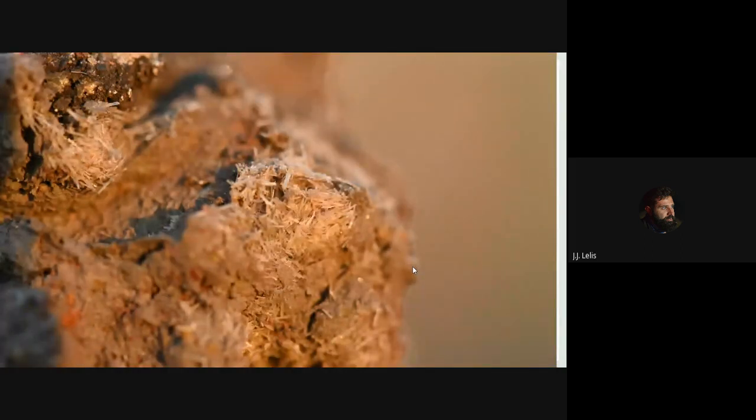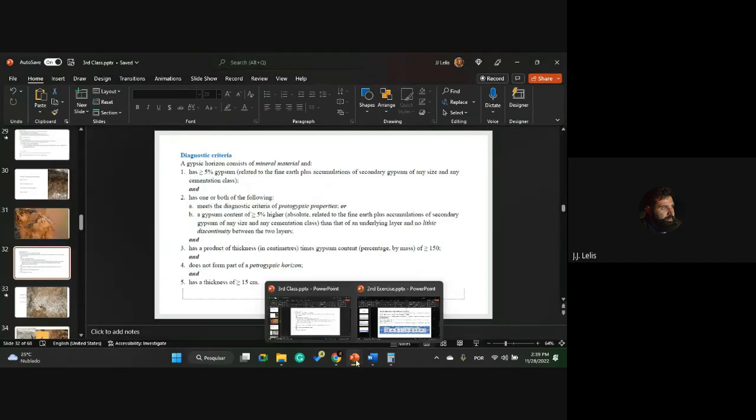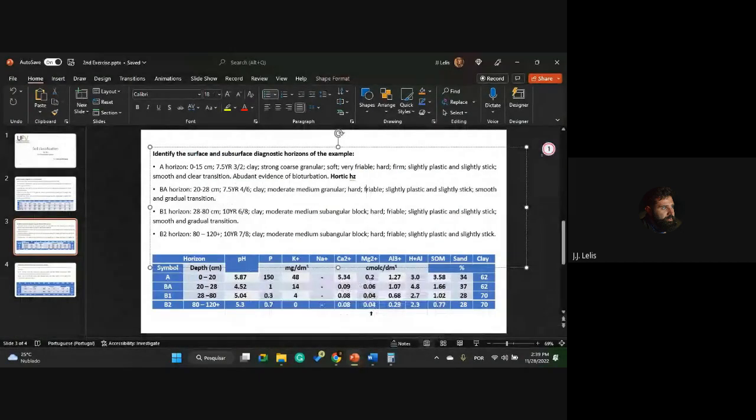So we should present an increase of calcium sulfate. Let's see if we have a high content of calcium. No, we have a low content of calcium. So it is probably not a horizon that could present a high content of calcium sulfate.